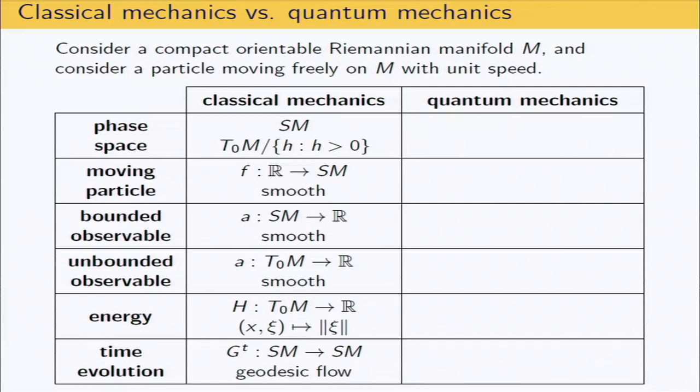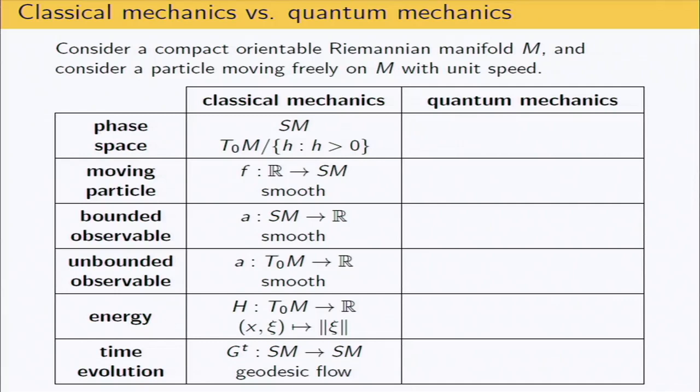And I like to think of this unit tangent bundle as the non-zero tangent bundle divided by the possible scales, that is positive numbers, which I denote by h. H stands for the Planck constant. So I'd like to think of all Planck constants at equal footing. I'd like to make a system that is scale invariant. So each non-zero tangent vector will be scaled onto a unit tangent vector, and that's how I like to think of the unit tangent bundle.